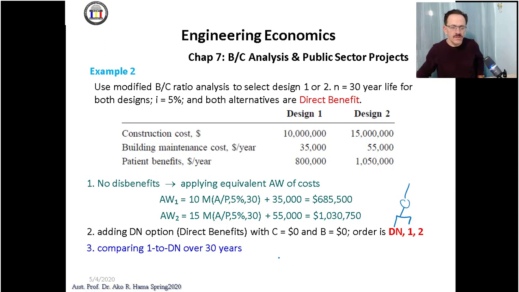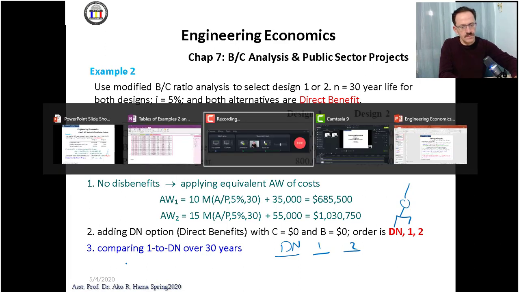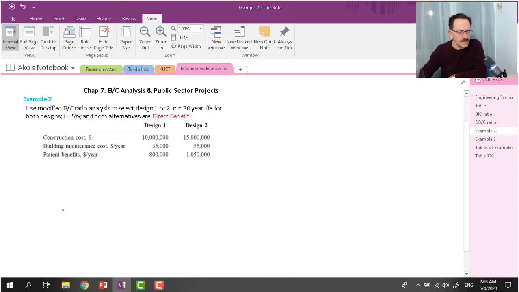How to do that? We have to write do nothing and 1 and 2. Let me show you in the note. So we have to start do nothing, 1 and 2.